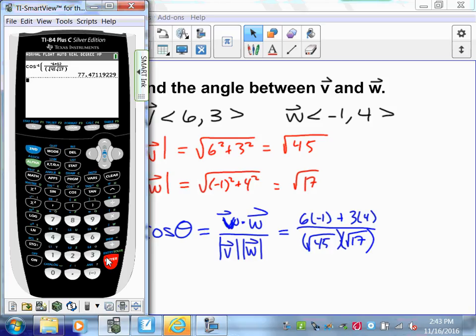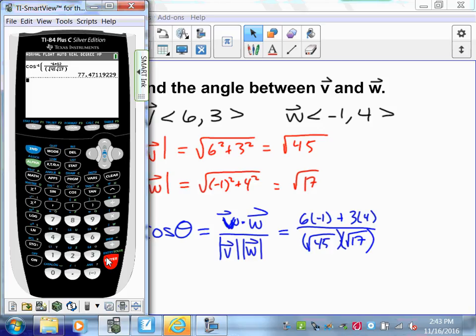Are you in radians or degrees? You're in degrees. Okay, so what did you put in the top? Second cosine, alpha y equals. Okay, so you have to actually plug it in.